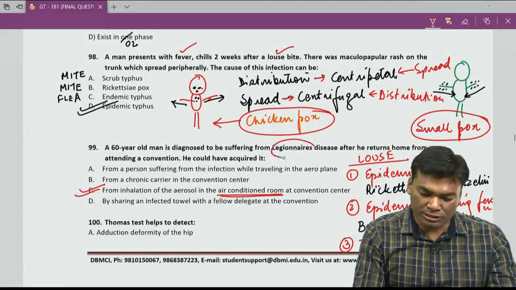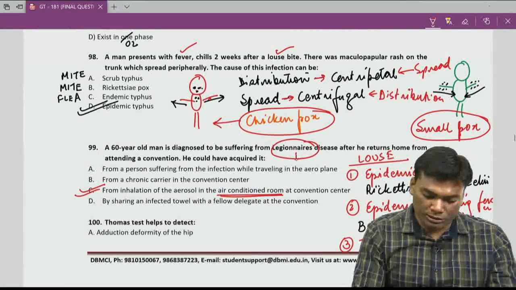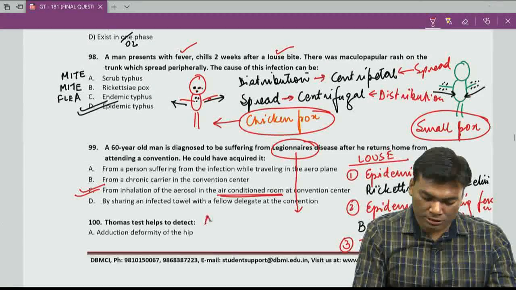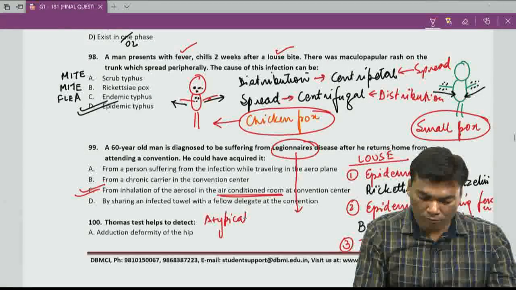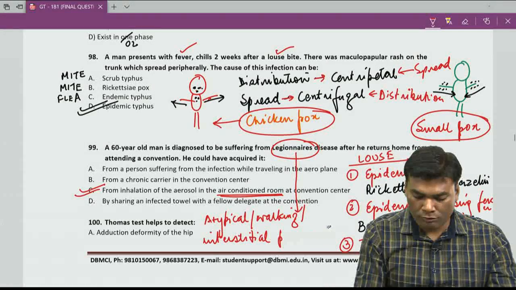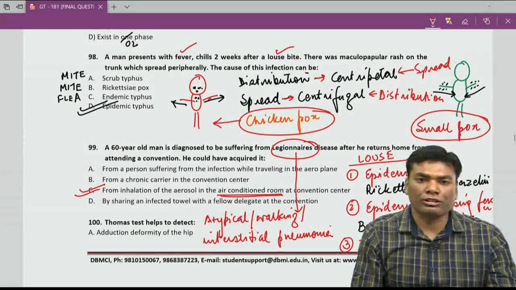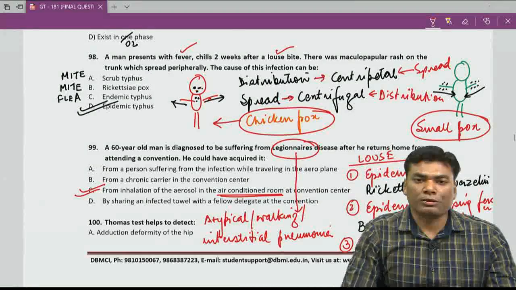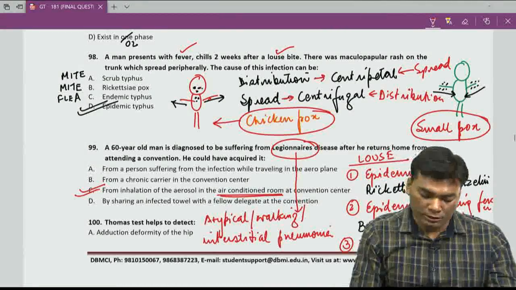So this Legionnaire's disease causes atypical or walking or interstitial pneumonia. Atypical or walking or interstitial pneumonia is caused by Legionella pneumophila, right?